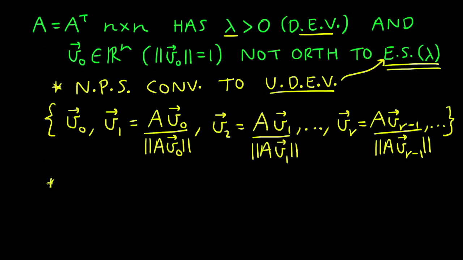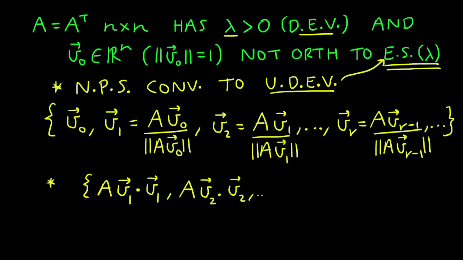And the other condition is that the following sequence of scalars, being the dot product of the vector Av1 with v1, so that gives a scalar, with the next term in the sequence being Av2 dot v2, and so on.